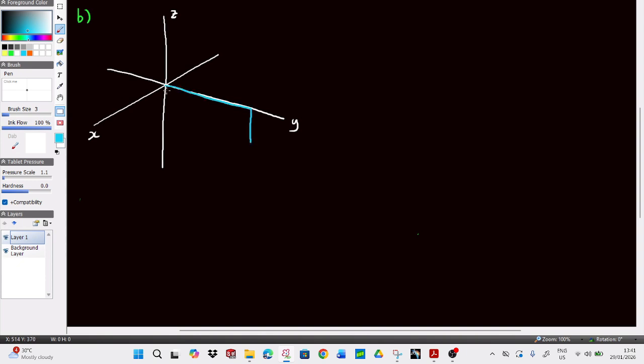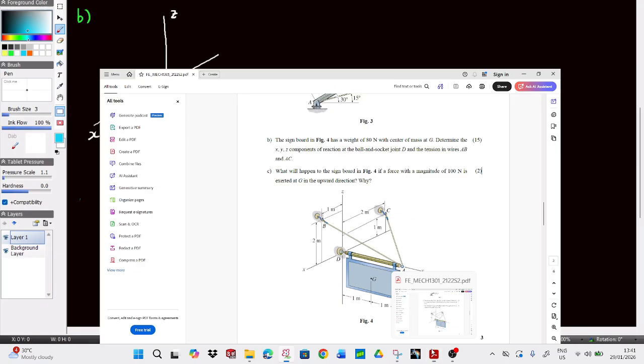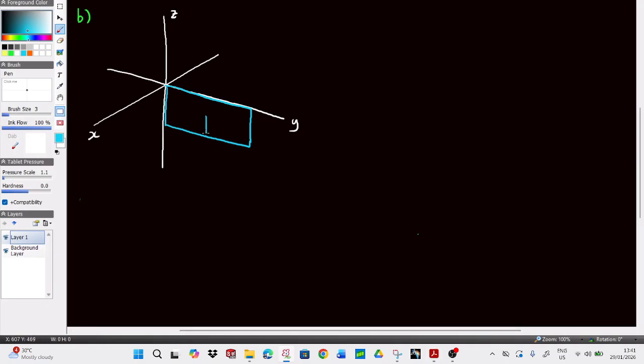The signboard has a weight of 80 Newton. They already mentioned the weight of the signboard itself, so it's simply 80 Newton. Great. And then we have the cables.